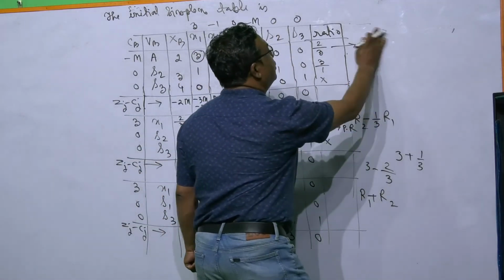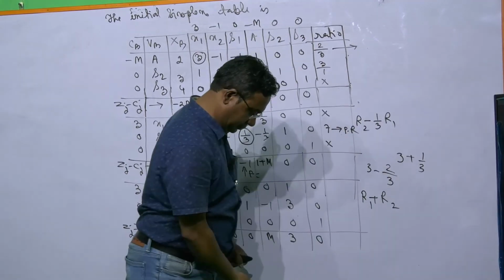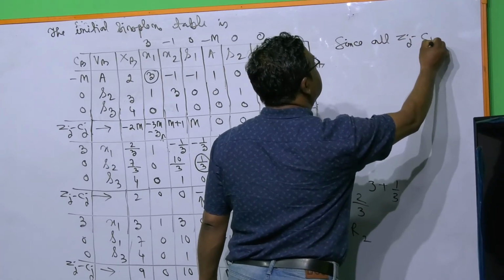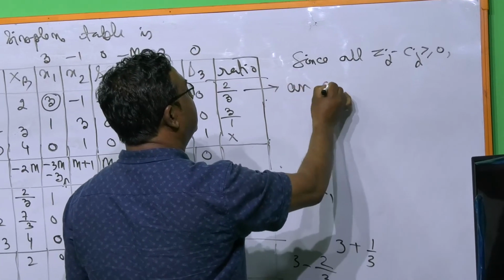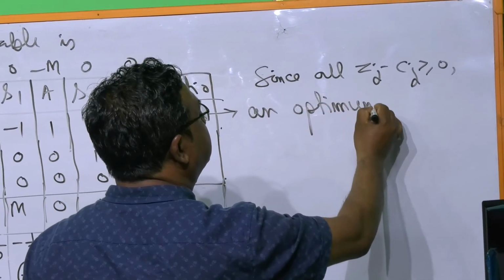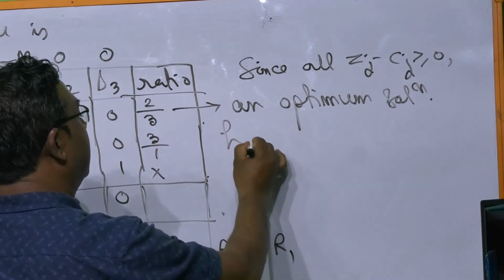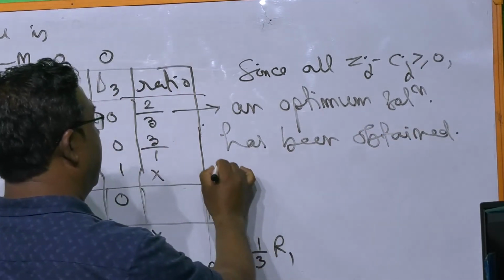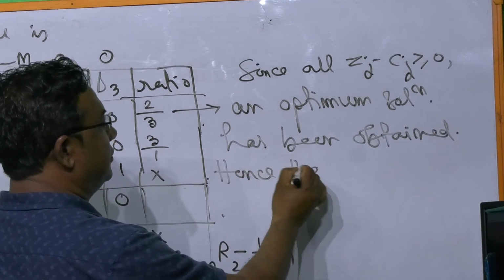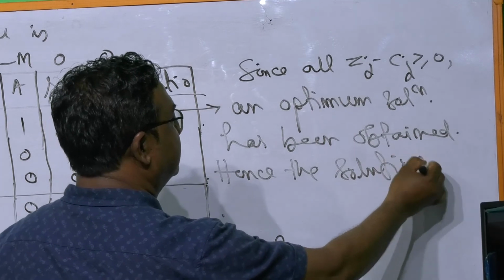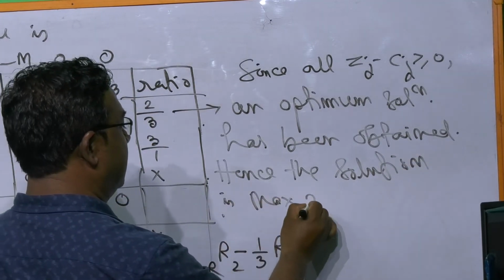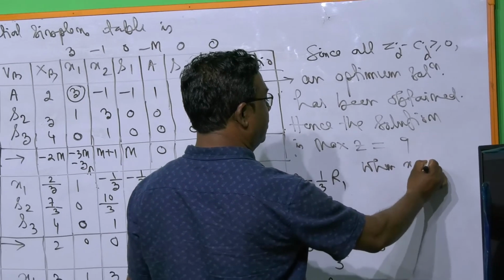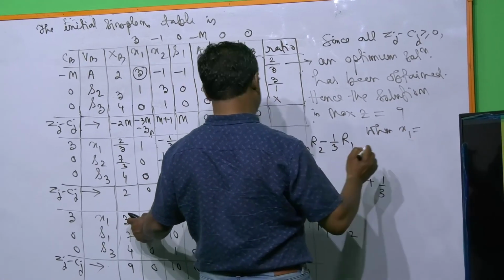So I will write here: since all Zj minus Cj are greater than or equal to 0 and the optimum solution has been obtained, hence the solution is: maximize Z equal to 9 when x1 equal to 3.